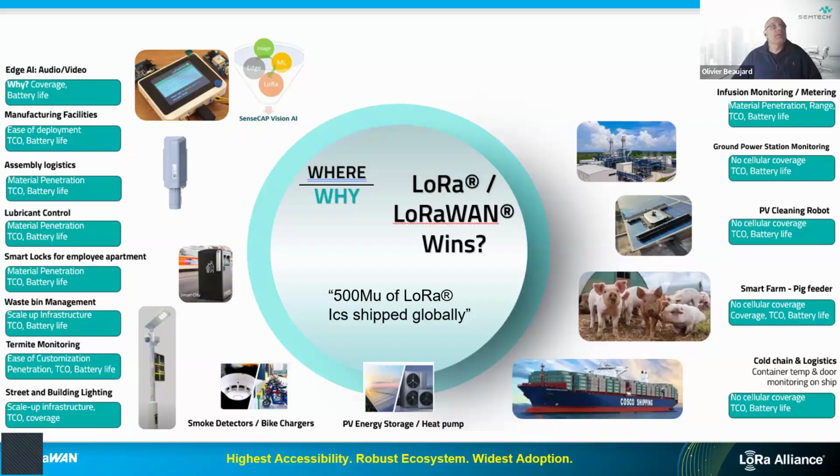And in some cases, also the ease of deployment is a reason that people say, yeah, we are using LoRaWAN for this reason, because it's pretty straightforward. You will see with my next presenter how they managed to make that very simple to use. So that's the main reason.